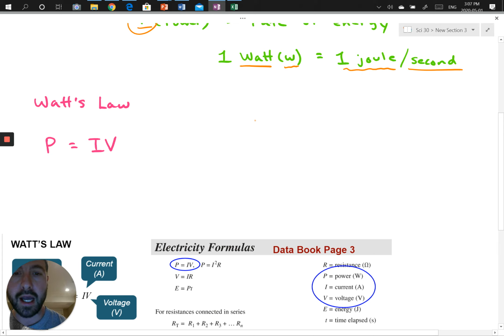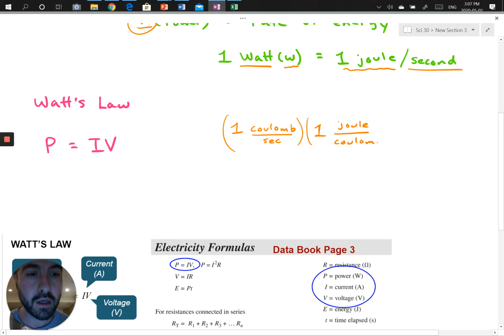So let's just look at Watt's Law here for a second. Let's say I take 1 amp of current, and that is 1 coulomb per second, and when we multiply that by 1 volt, and a volt is a joule per coulomb, we see what happens.